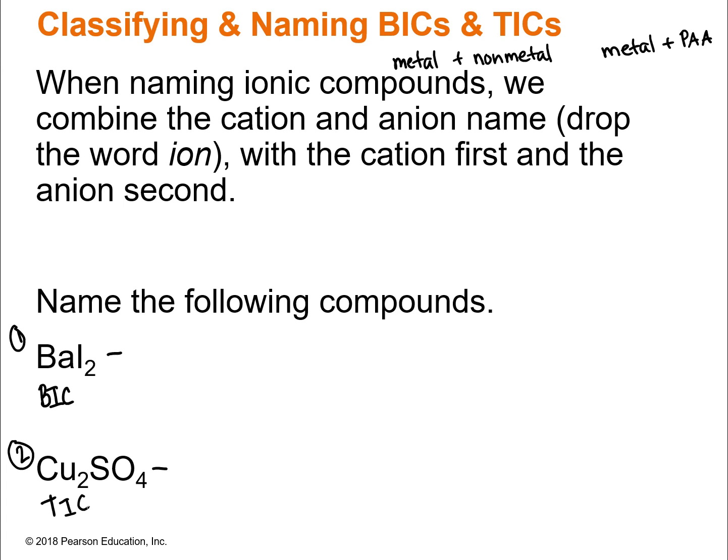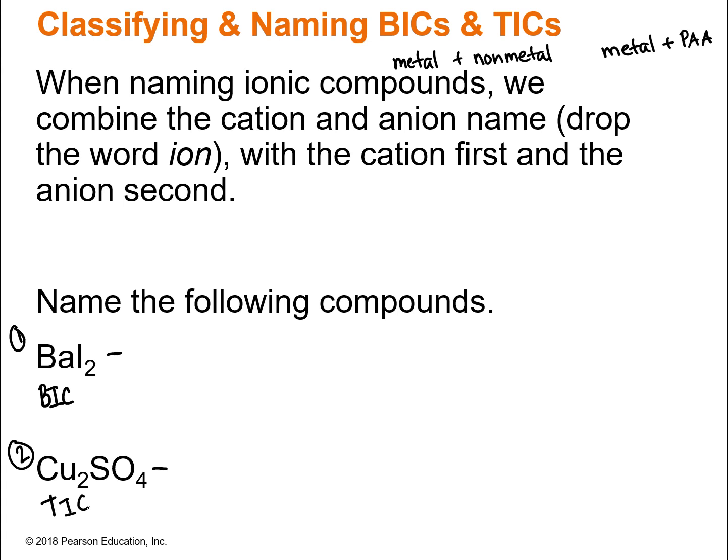When you're naming an ionic compound, whether it's binary or ternary, you're going to have the cation name first and then the anion name second. So remember how we were naming those monoatomic anions, monoatomic cations and all that?